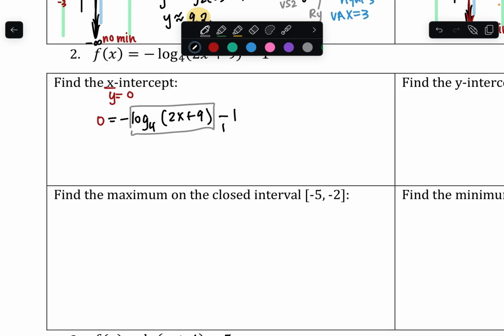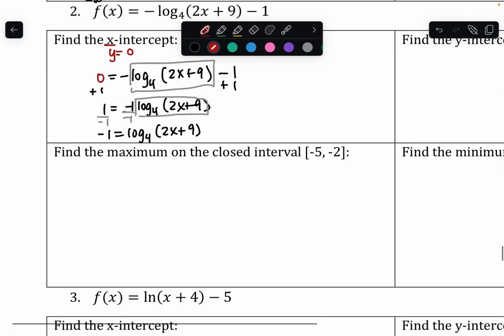So first step is to add 1. And then we have a negative, which is technically a negative 1. So we need to divide by negative 1. So that gives me negative 1 equals log base 4 of (2x plus 9).